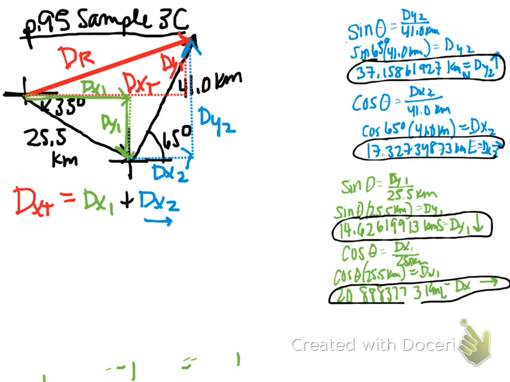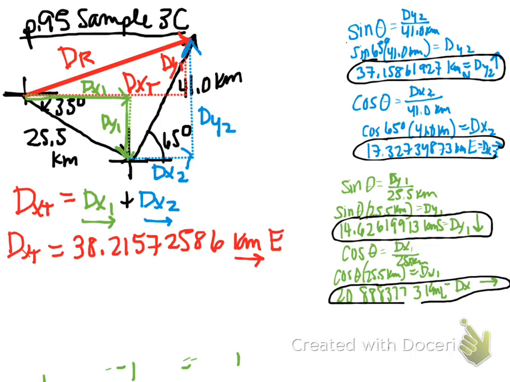What I very often do to help keep myself out of trouble is, when I write that overall equation, I put a little arrow under or next to my individual displacements, because that helps me not screw up. So we add up our two displacements on the x. We get 38.2157, etc. kilometers to the east.